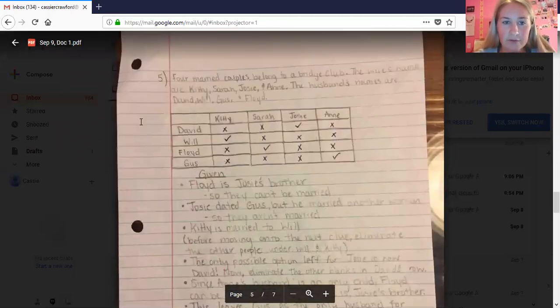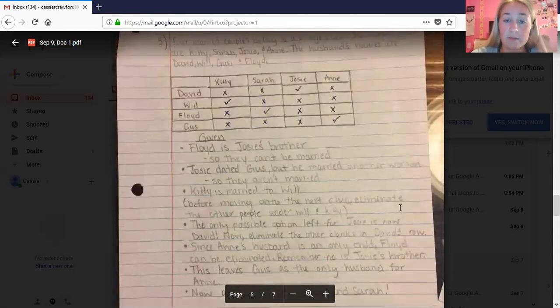Number 5, you have 4 married couples, and it gives you their names, and it gives you that Floyd is Josie's brother, so you know that you can cross out Floyd's name under Josie's column. Josie dated Gus, but he married another woman, so you can mark out Gus. Kitty's married to Will. That's a given. You can mark Kitty and cancel out her column as well as Will's.